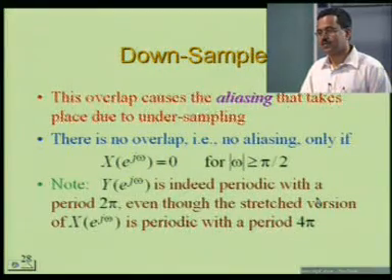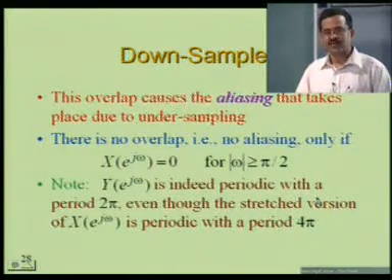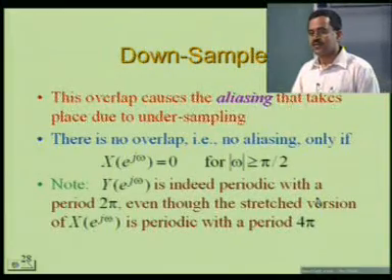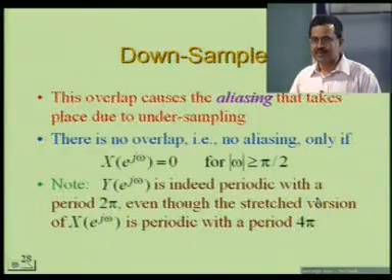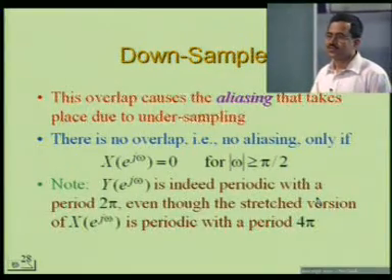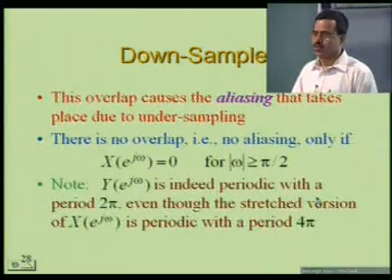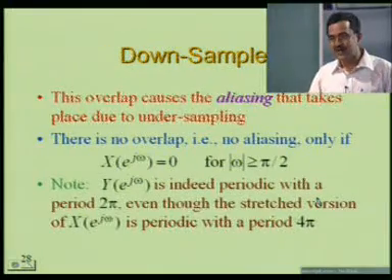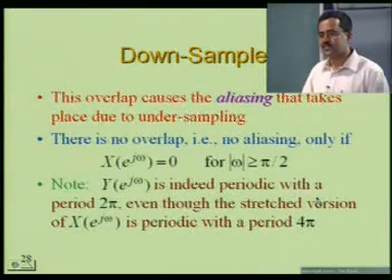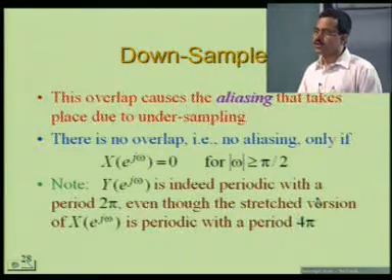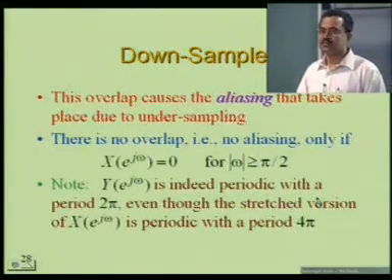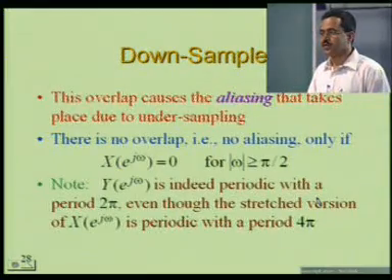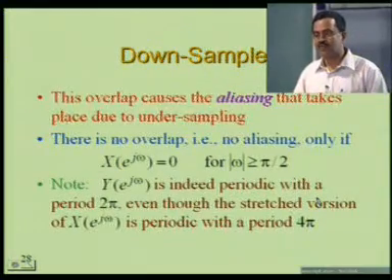Very simple, one can easily design a digital low pass filter with pass band 0 to π/2. So, first you pass the signal through the low pass filter, then you go for downsampling. So, this is the proper idea of downsampling.